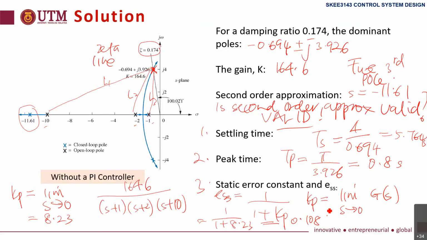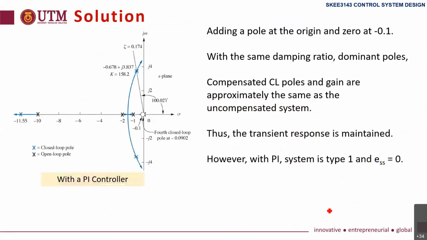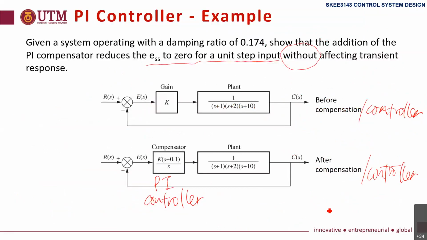Any question here? This is very basic. In the exam, maybe one or two marks to find all those things. Next, let's see what happens if we add a PI controller of this form, (s+0.1)/s.